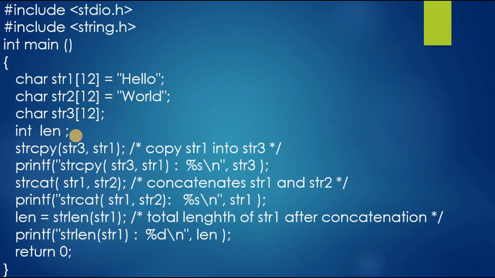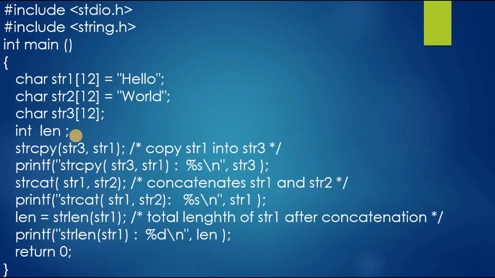Then we declared the second function, which will concatenate the strings str1 and str2, and we print the result of the concatenation. Then we declared the third function, which will find the length of the string after the concatenation. So we gave the statement len is equal to strlen of str1. Then we gave a printf statement which will print the length of the string. Then we gave return 0 and closed the bracket.